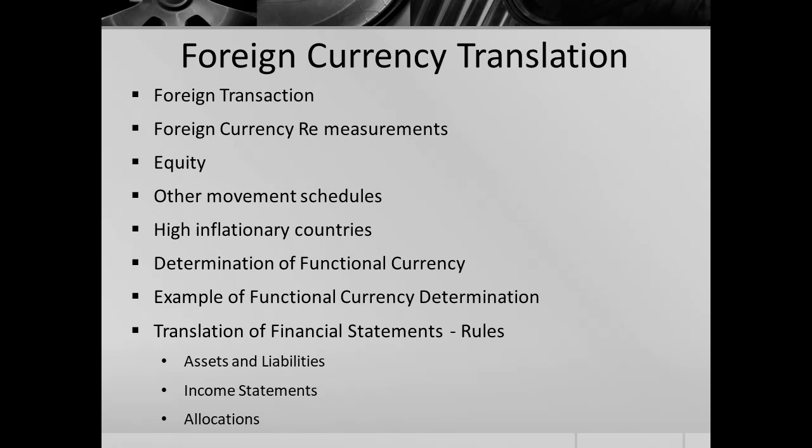These include purchases, sales, cash receipts, cash payments, investments, and other financial transactions in a currency other than the functional currency of the entity. The other is the conversion of the financial statements of a foreign subsidiary or branch upon consolidation in the consolidated financial statements. So this is foreign currency translation.